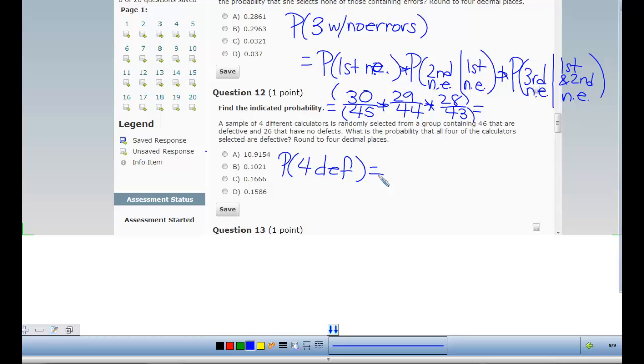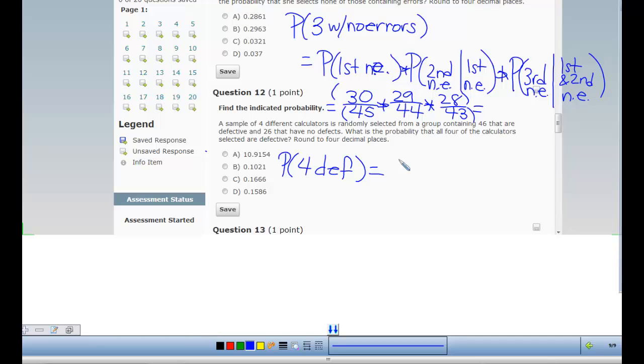Still multiplication, because we're talking about defective and defective and defective. Are these dependent or independent? Dependent.